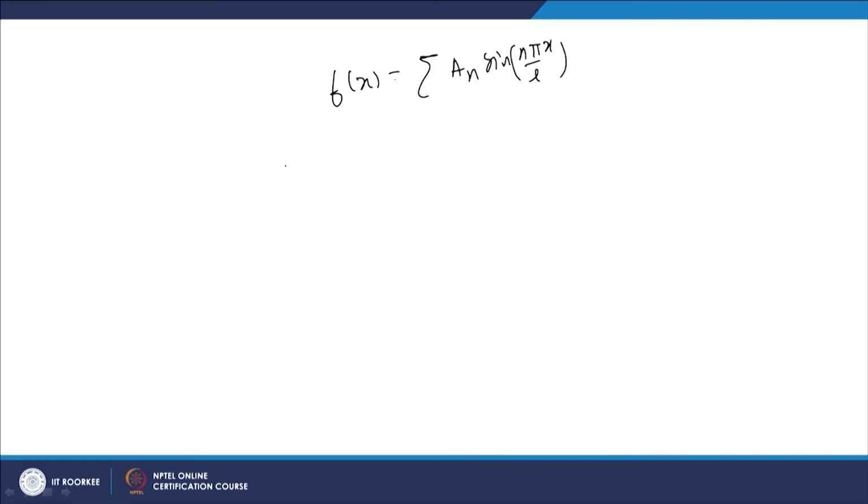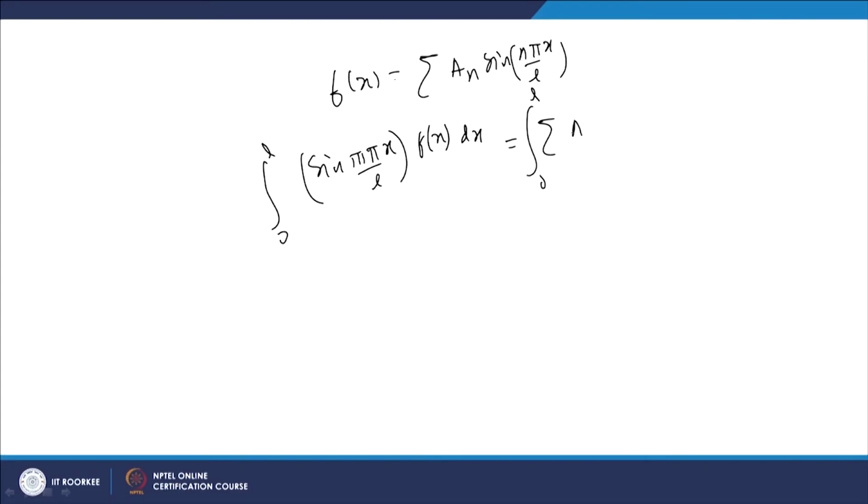So, multiply both sides by sin m pi x by L into f of x dx and integrate between 0 to L. Here, f of x is given as the summation, integrate between 0 to L, a n sin n pi x by L into sin m pi x by L dx.